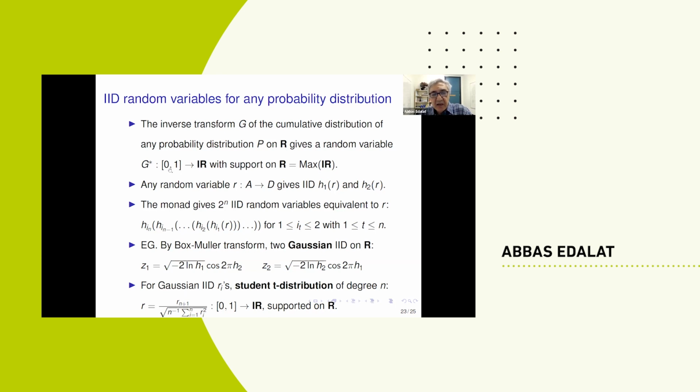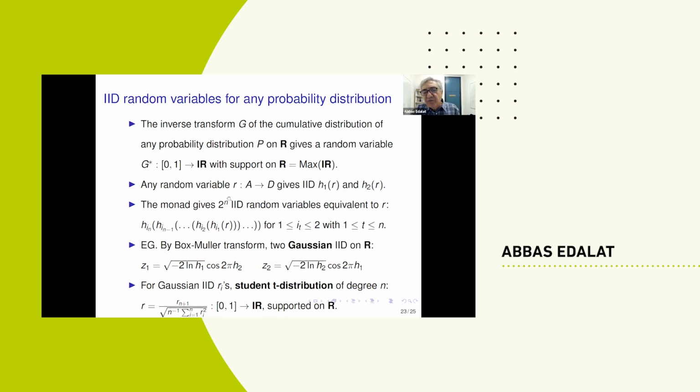In fact, it maps the unit interval to the real line except for a countable set of points at which the map is discontinuous, but a countable number of points are not really important in the theory of random variables and probability theory. But anyway, in terms of the domain theoretic presentation, we get a mapping from 0, 1 to IR, which is supported on the maximum elements of IR, namely on the real line. So this captures all probability distributions on the real line.